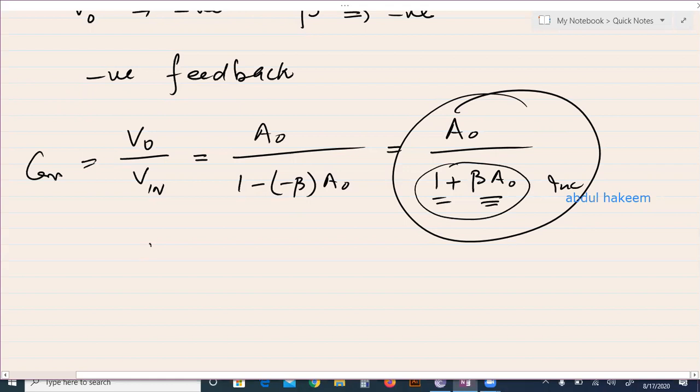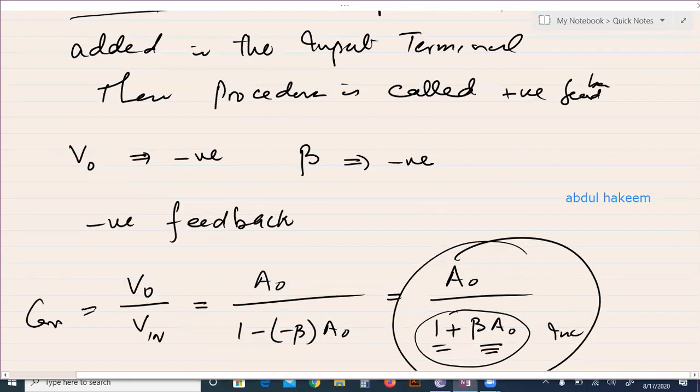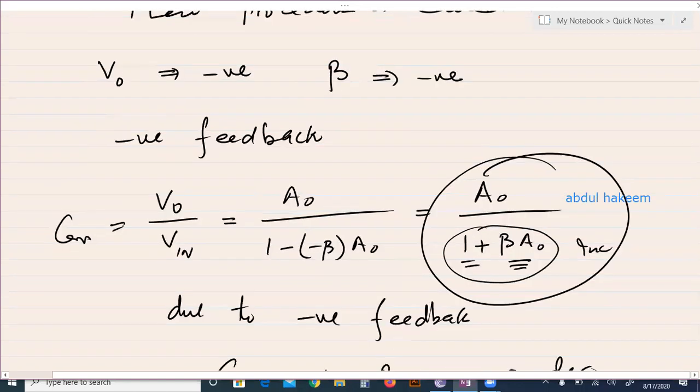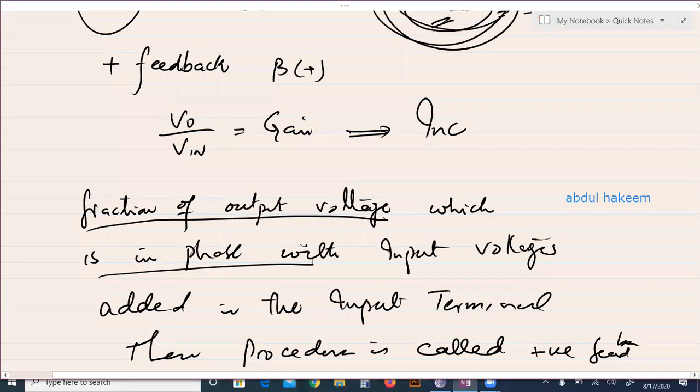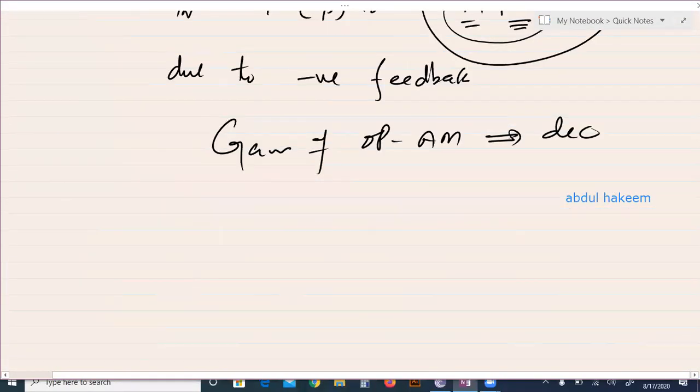It means due to negative feedback, gain of the OpAmp decreases. So due to the positive feedback, gain increases, and due to the negative feedback, gain decreases.